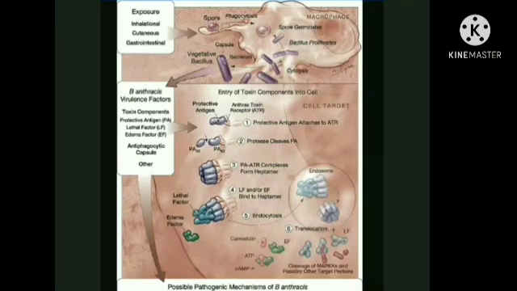The increased level of cyclic AMP is seen in the body. We are talking about the edema factor, okay? The edema factor along with the protective antigen is known as the edema toxin. What the edema factor actually does is, it is basically the adenyl cyclase. It acts as an enzyme, right?